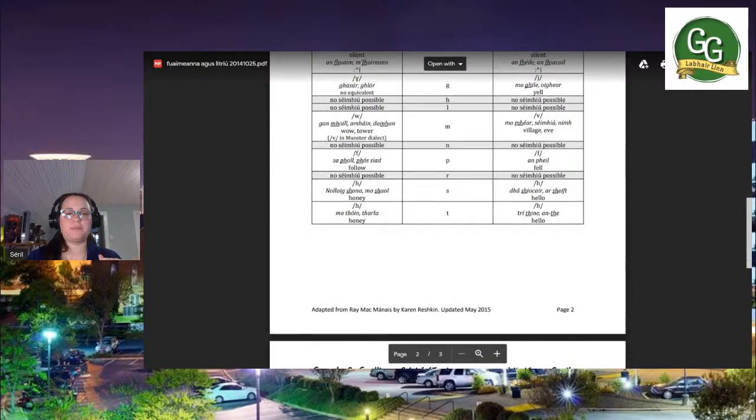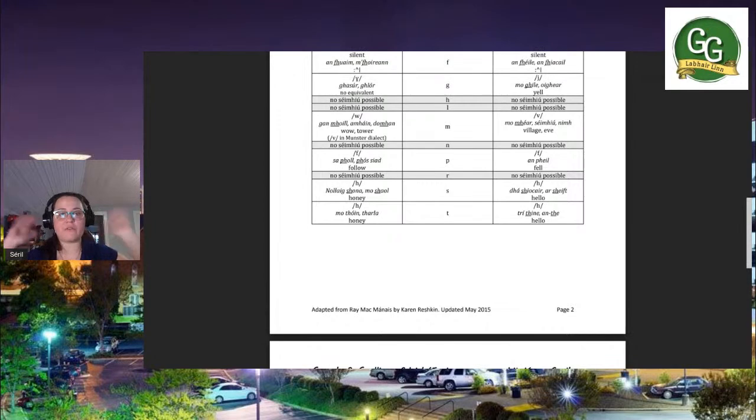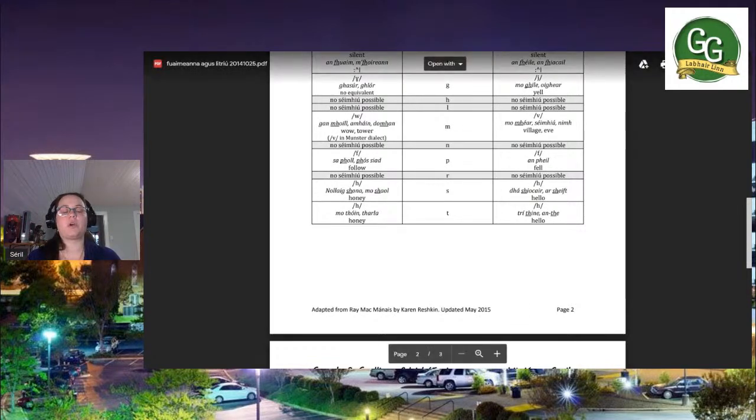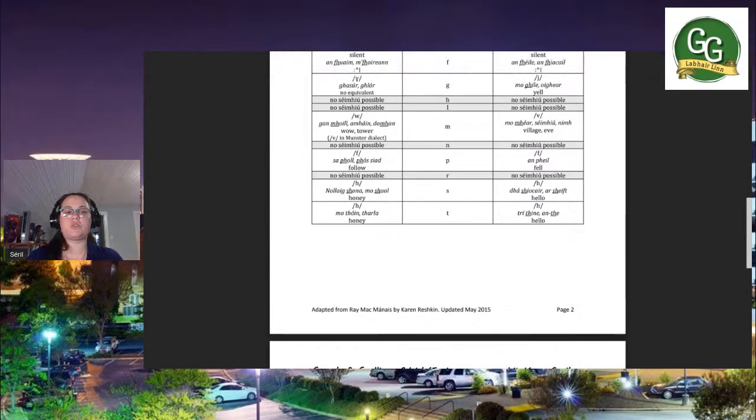H and L don't get one. Let's take a look at M. So M is very much like B. Think of G and D having the same shifts when they get an H, and M and B having the same shifts when they get an H. So in front of an A, O or U, MH will sound like a W, or if you're in Munster, they slenderize that to a V all the time.